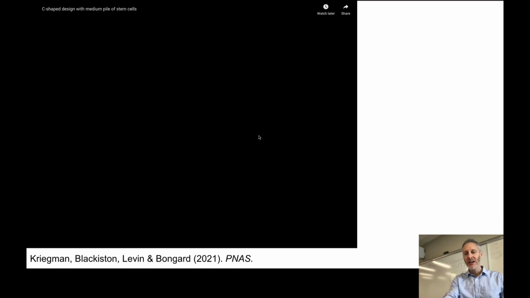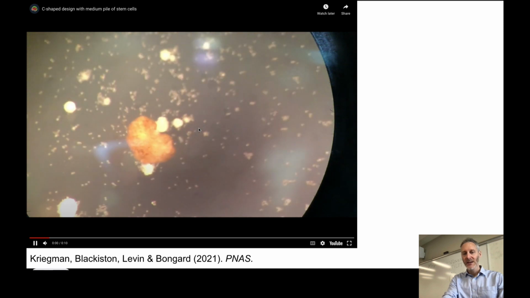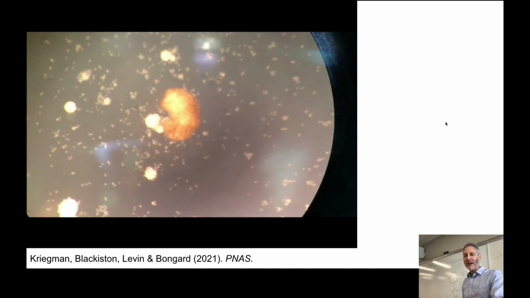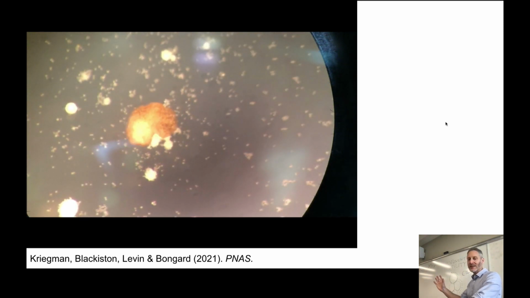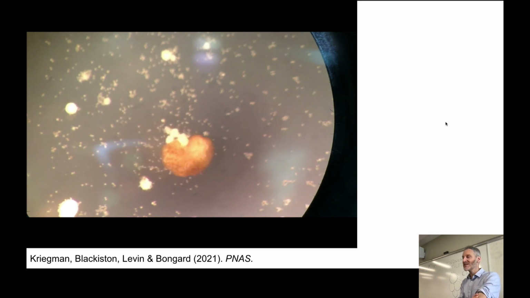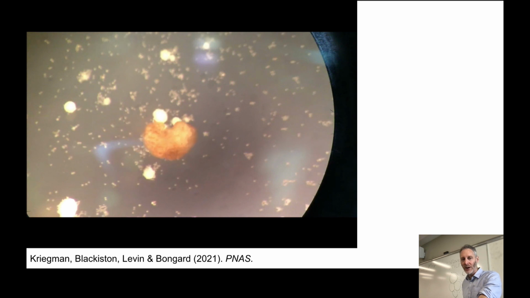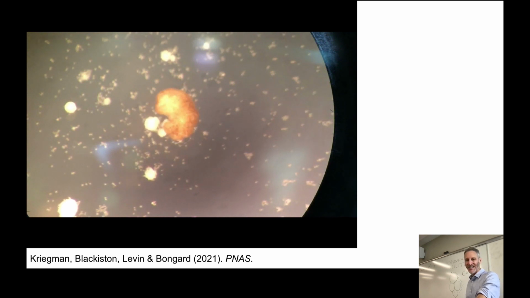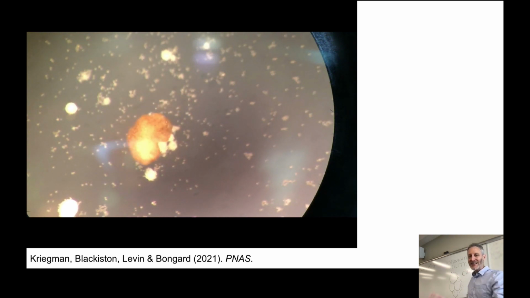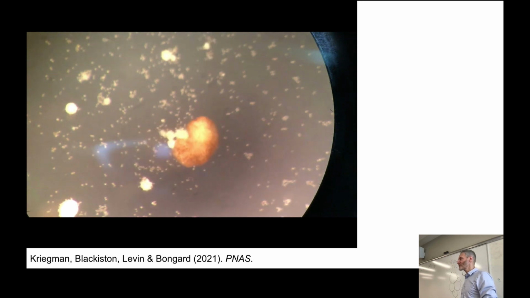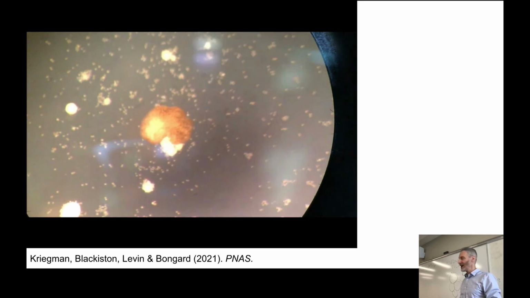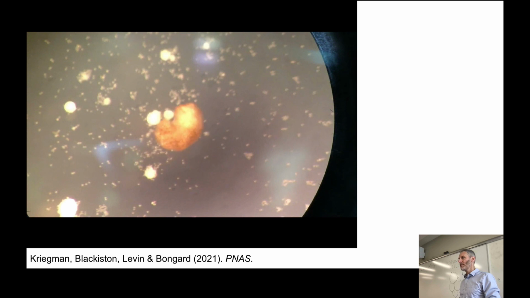You can see a lot of dissociated cells in the dish. But at this point, it's already started to push some of these cells together. And at this point, it's made these 3 or 4 larger clumps of frog skin cells. And these larger clumps are being pushed together into yet one more larger clump.